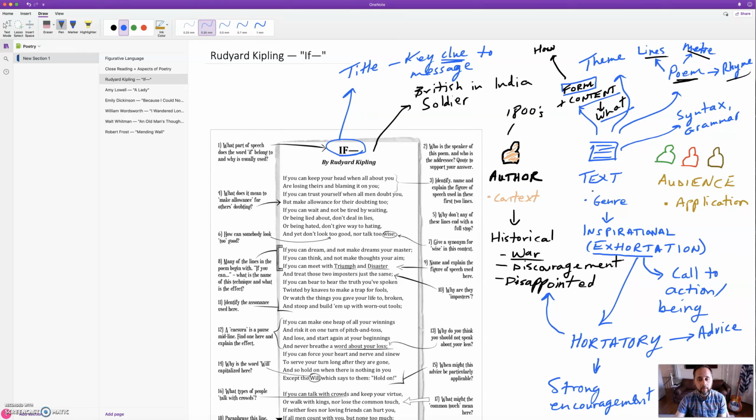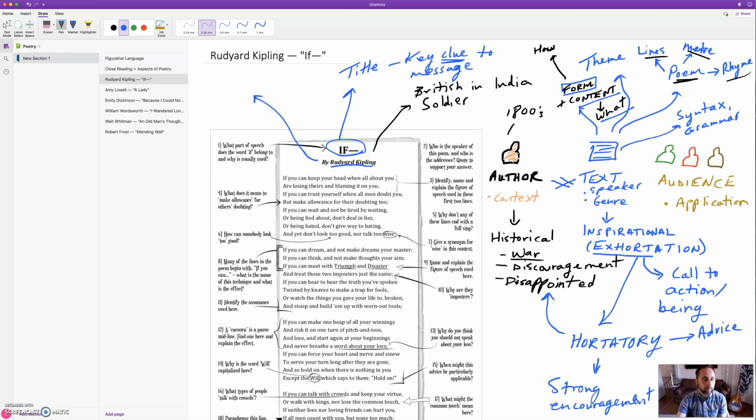Now remember, within the text we have a speaker, and the author is not the speaker, right? Directly. But it's related because we know a little bit of the background about the situation that gave rise to this poem. Okay?